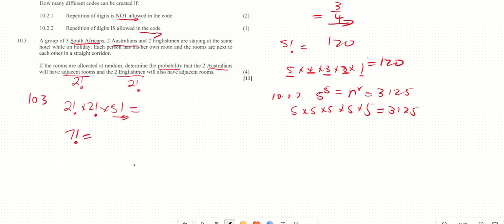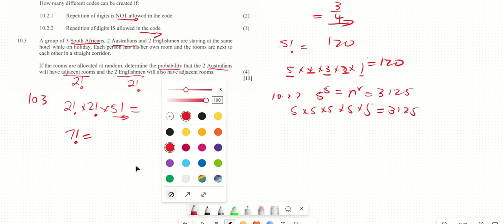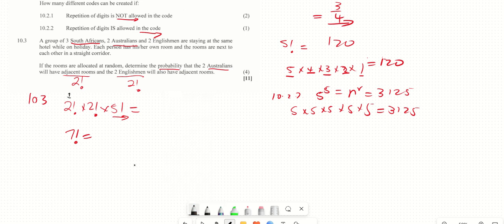So this arrangement is taken as one arrangement. We take this as another arrangement. Here, they are 1. Here, they are 1. So now there are 3 South Africans to be arranged. So it's 3 South Africans, 1 here, 1 here, which together makes 5. But here it's when they're just arranged in any way.